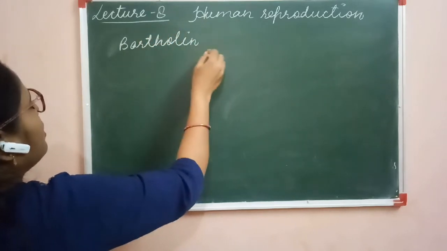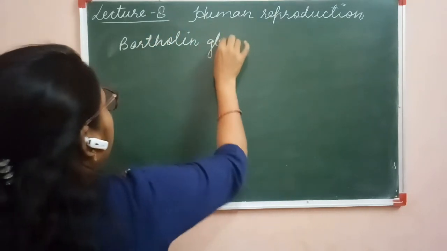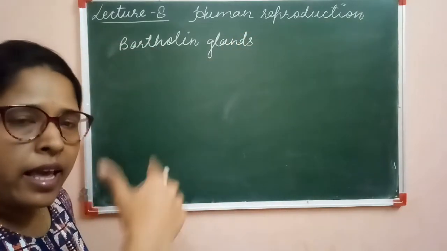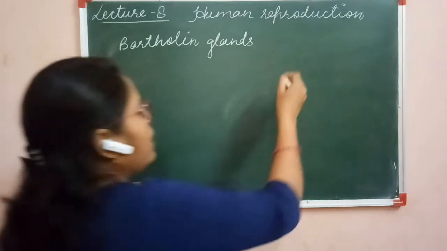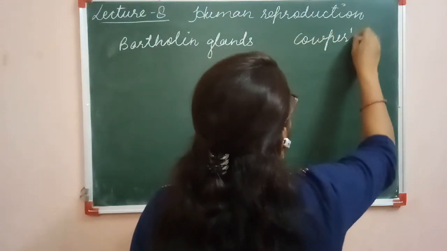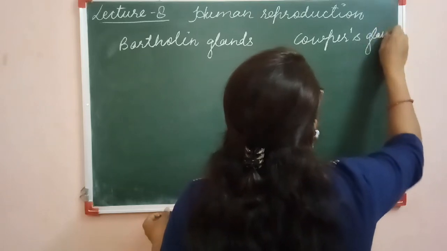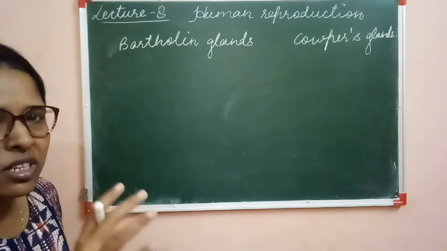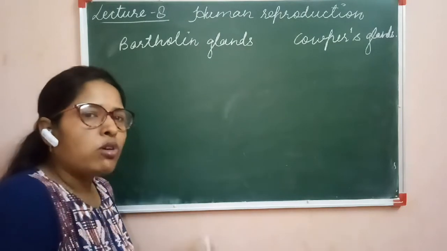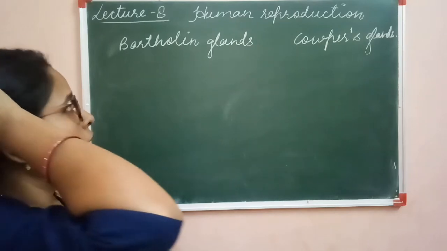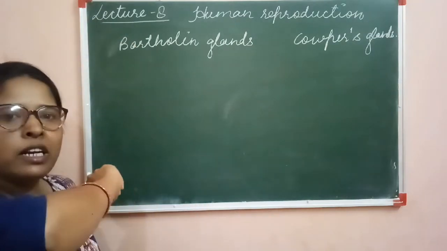These glands perform the function of secretion of mucus, same as in males, like Cowper's glands. In males, a pair of Cowper's glands secrete a lubricating mucus-like substance responsible for the lubrication of the penis. This type of substance is secreted in females by Bartholin glands.